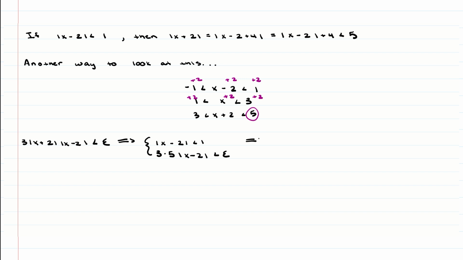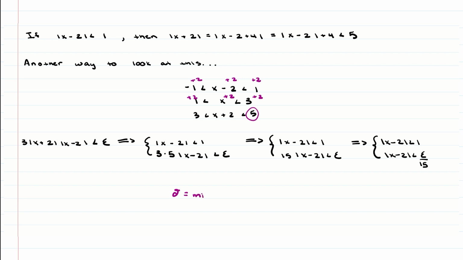We'll multiply our 3 times 5 to give us 15, and then we'll divide both sides by 15. So we've got the absolute value of x - 2 is less than 1, and the absolute value of x - 2 is less than epsilon over 15. So for us, that means that delta equals the minimum of 1 and epsilon over 15.